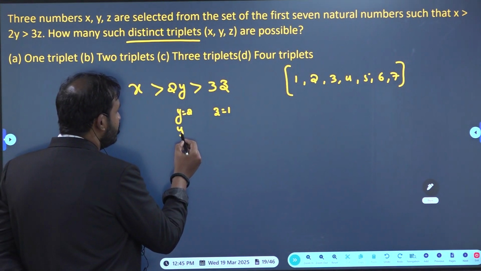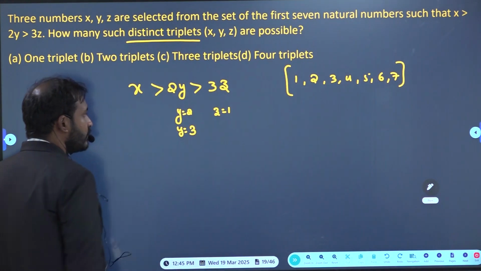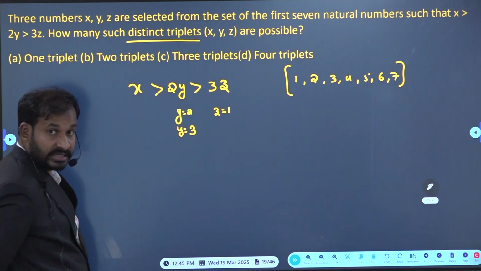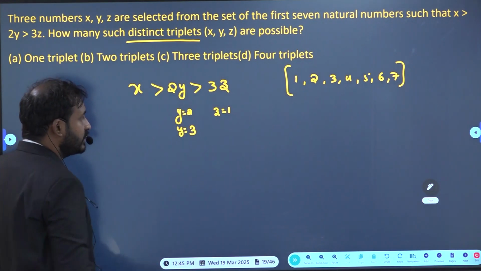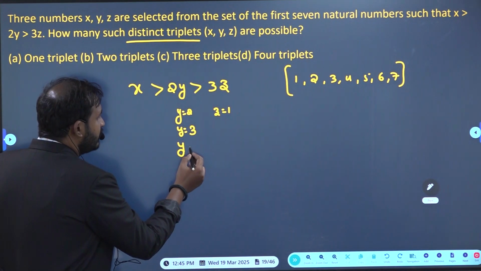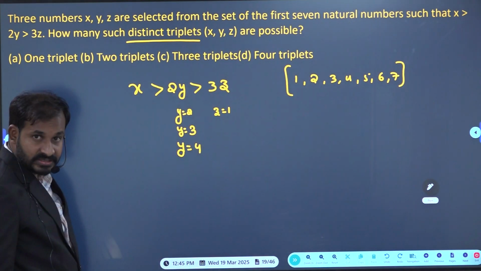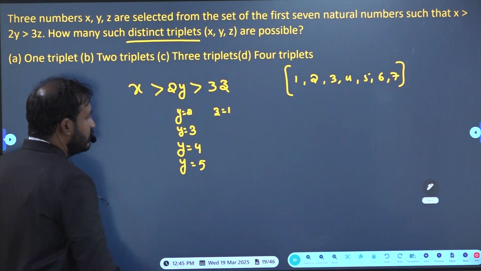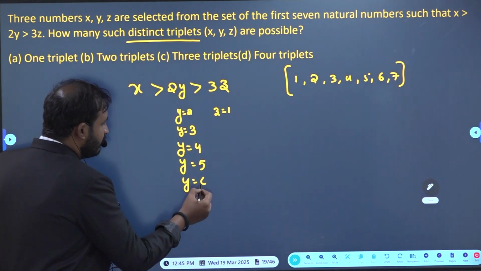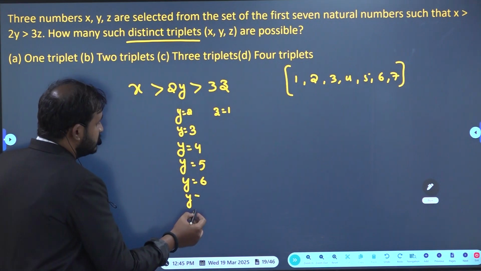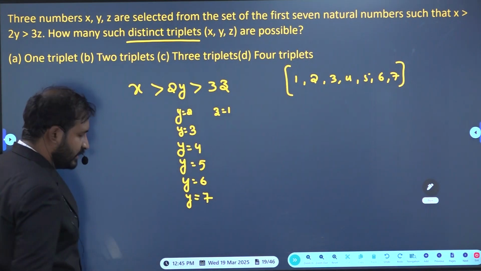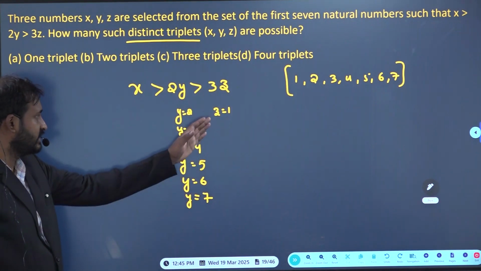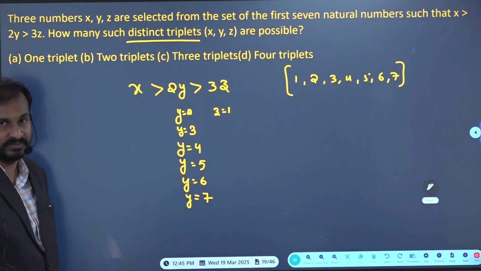Next, I can take y as 3, because 2 threes are 6. I can take y as 4, there is also a possibility. Y as 5, we will see. Y as 6 and y as 7. I can take all the possibilities. We will check; anyway, some will get cancelled. But for instance, if I take z as 1, for y I will have these many chances.